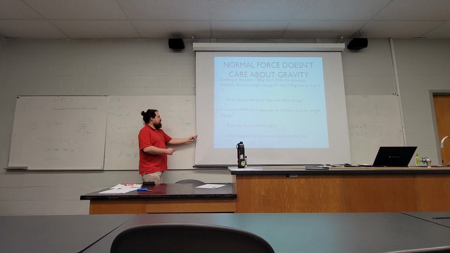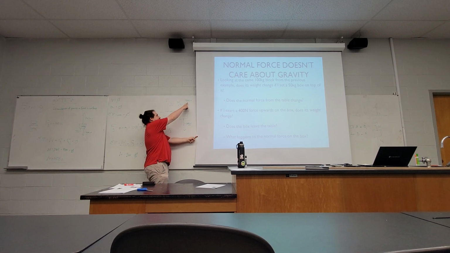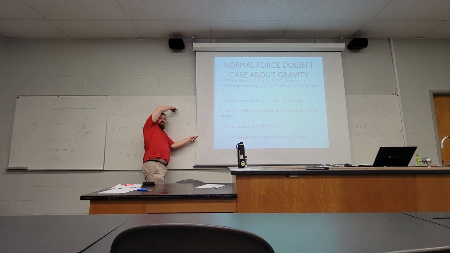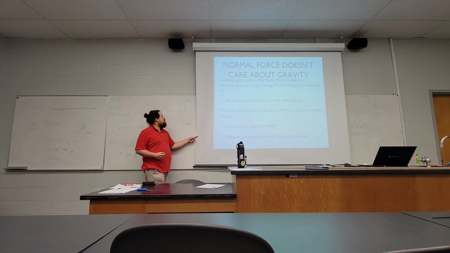Again, I don't change the box's weight, but me applying that upward force means the normal force doesn't have to be as big. The normal force would only be about 580 in this case, because it would only need to be 580 to support the remaining effective weight of the box. Yeah, 580.